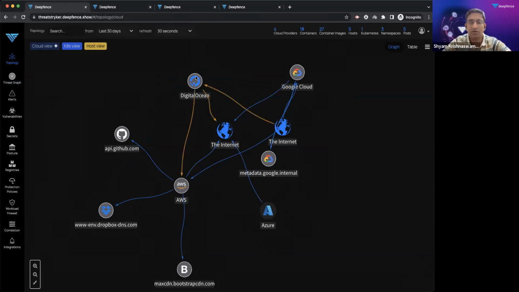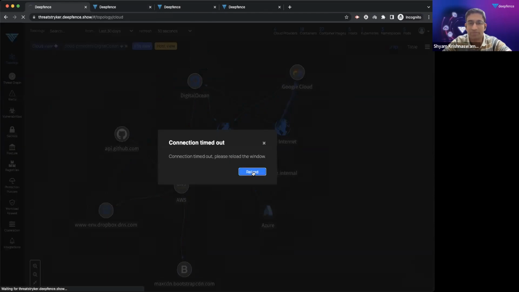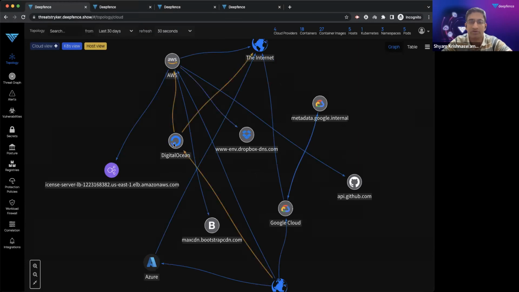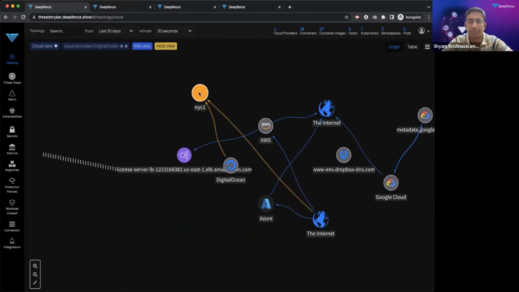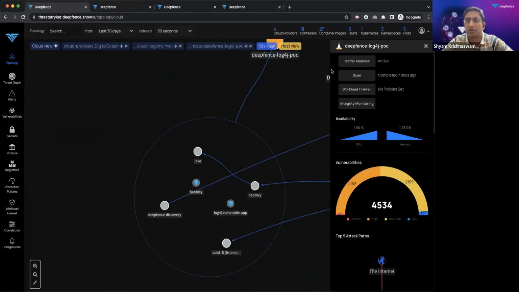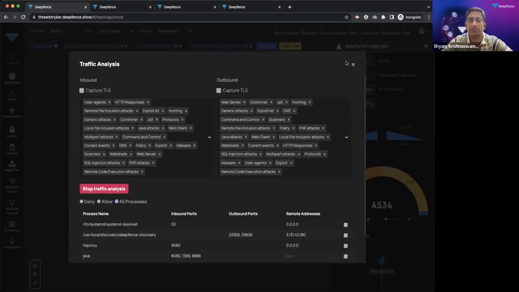At scale, you can always use the various APIs that we provide within this platform to perform the same east-west and north-south deep packet inspection, right?